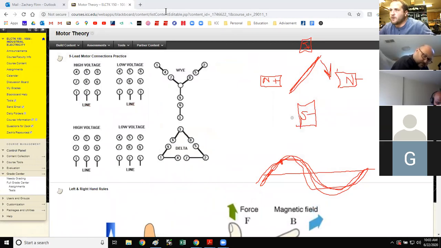Then it's going to be important to know a little bit more. We will talk about troubleshooting motors in 151, but knowing all the different kinds and types is something you would have to be specializing in motor building or motor repair. But it seems like you guys have a grasp on the principle, right? Yeah.